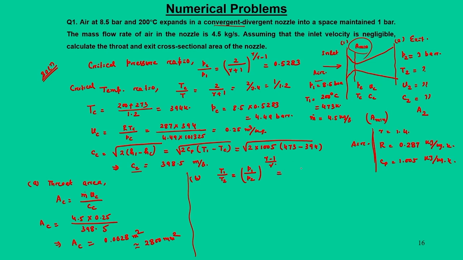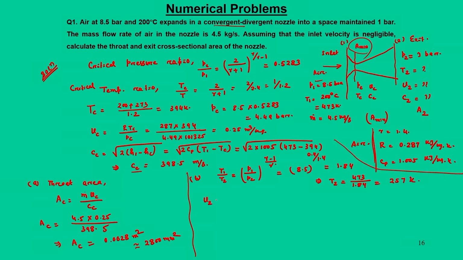So, it is 8.5 to the power 0.4 by 1.4, and this is 1.84. So, this will give you T2 as 473 divided by 1.84, T2 equal to 257 Kelvin.